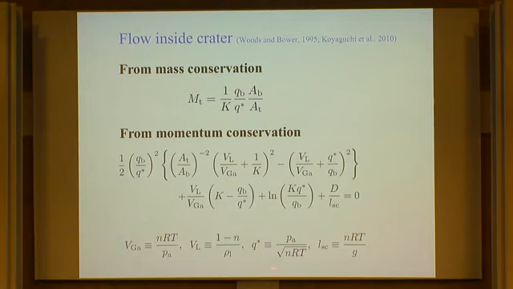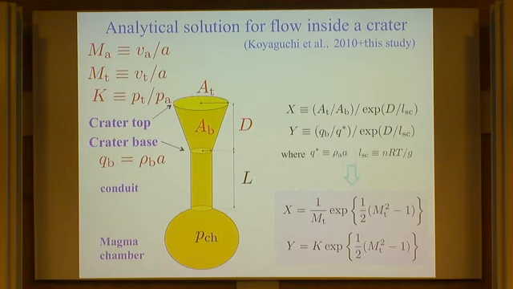The important thing is that most of the volume of the mixture is composed of gas, but most of the mass is composed of solid. That is a very important part. The volume of the solid is very small compared with gas, so that is why we can drop this term, and that makes this relationship very simple, like this.